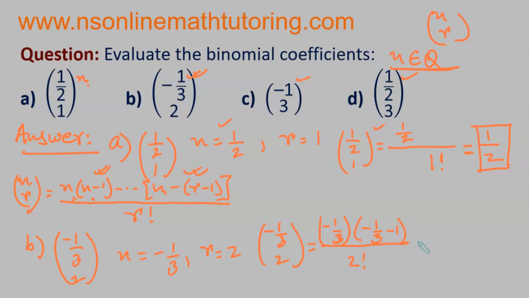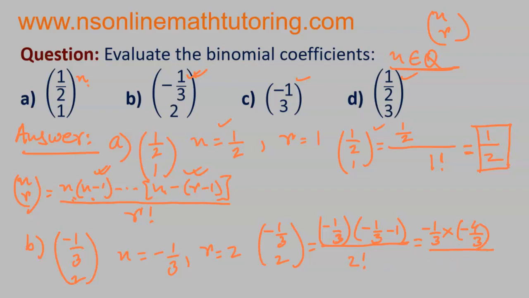Okay. And this is equal to negative 1 over 3 times negative 1 over 3 minus 1, and this can be considered as negative 1 can be considered as negative 3 over 3. So this is negative 1 over 3, negative 3 over 3 is equal to negative 4 over 3. Okay.